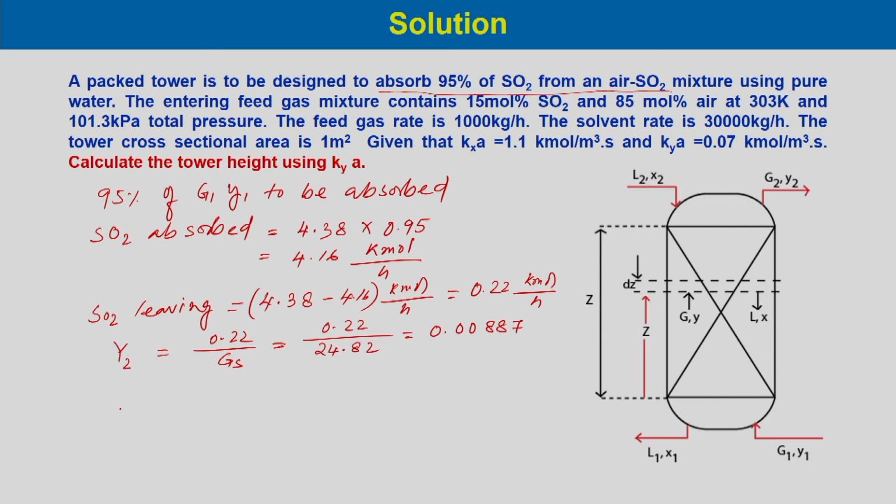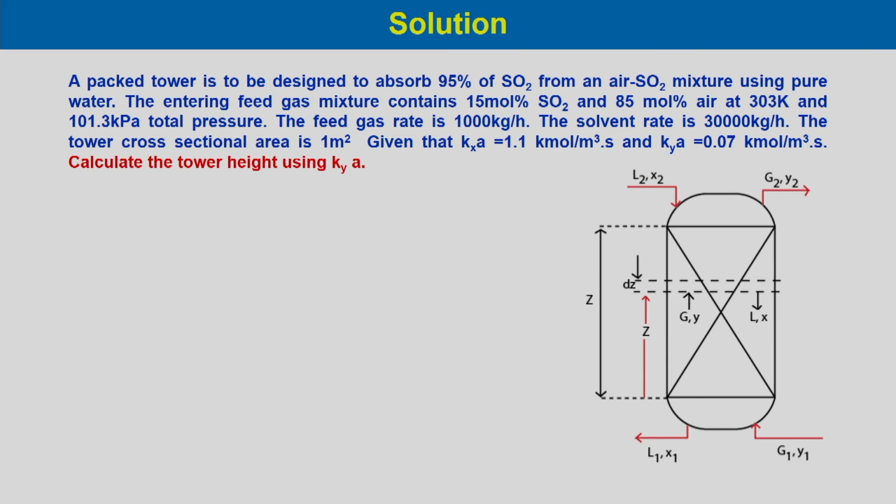We can calculate in mole fraction unit, small y2, which is equal to capital Y2 divided by 1 plus capital Y2, which is 0.0887 divided by 1 plus 0.0887, which would be equal to 0.0088. So, this is the mole fraction of the exit stream, or the SO2 leaving the column.